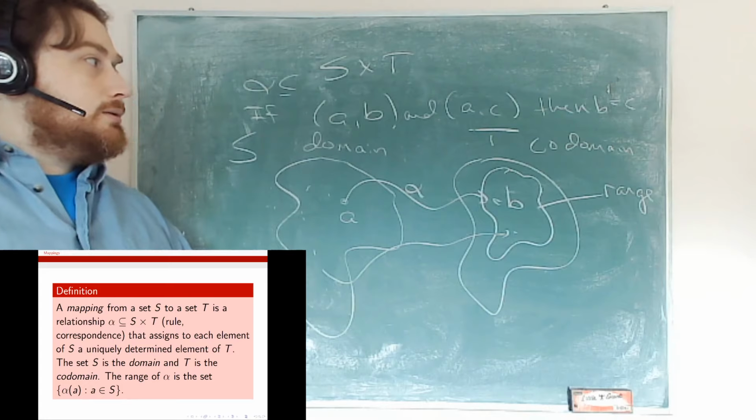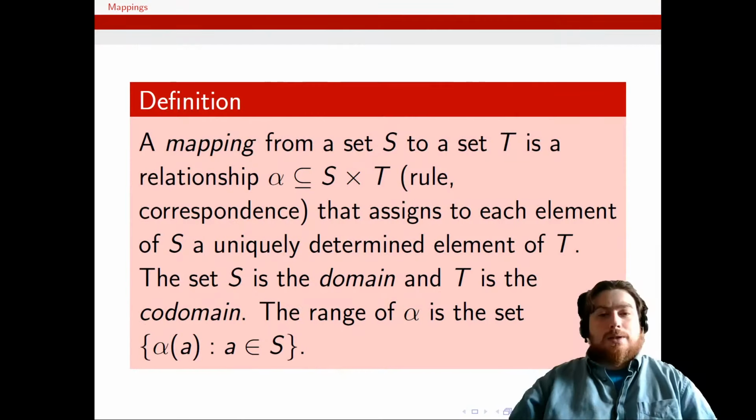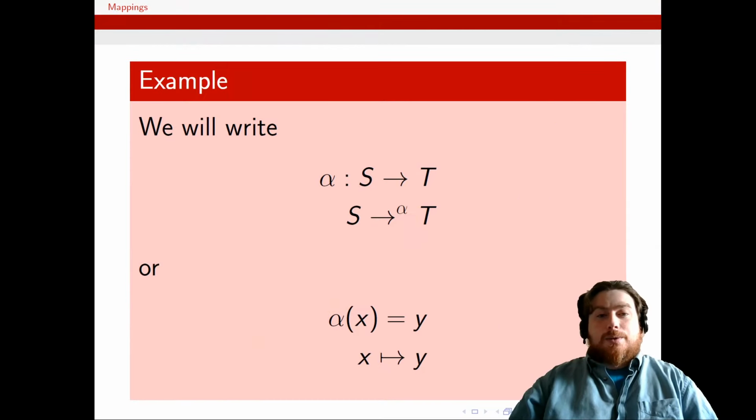For some notation purposes then, I'm using alphas instead of f's because that's what we're using in the book, and it's a little more common when referring to them as mappings instead of functions. So that's the notation we're going to stick with.